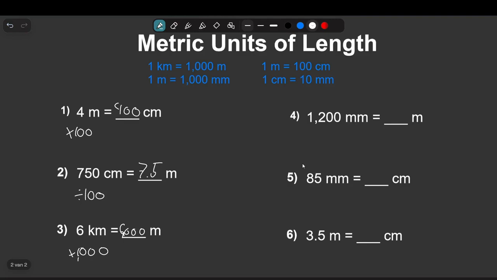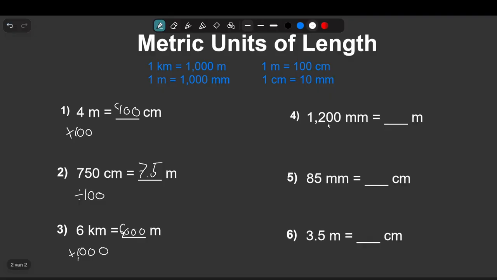So let's go to the fourth example. For the fourth example, we have 1200 millimeters equals how many meters? As I show here, 1 meter equals 1000 millimeters. So this means that we do have over 1 meter over here. But then you might think, what's this 200 millimeters?